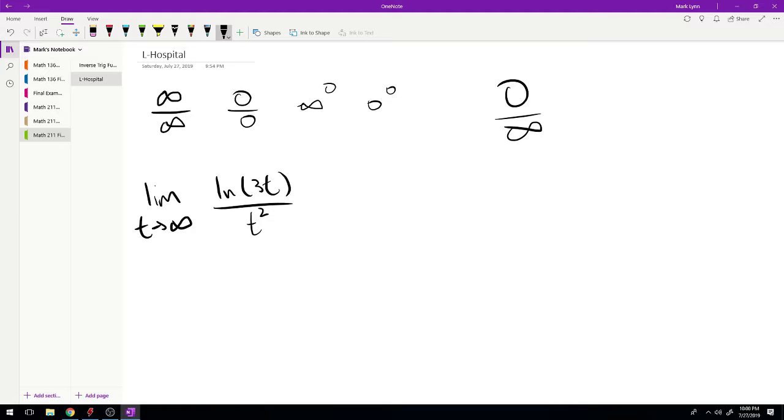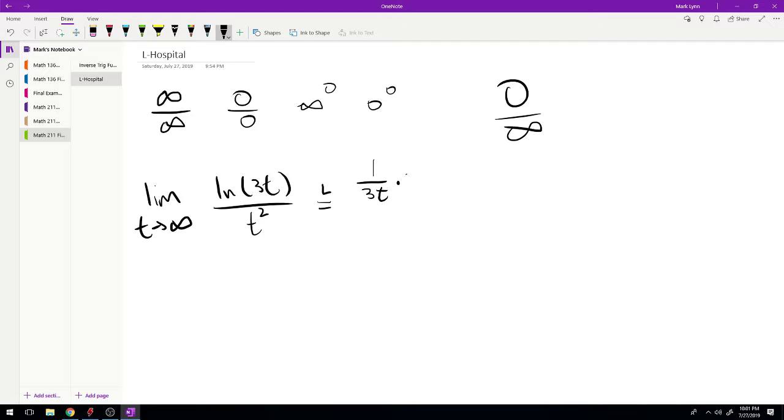And remember, for L'Hopital's rule, we're just going to take the derivative of the top divided by the derivative of the bottom. I'll put an L here by my equal sign just to indicate that we're using L'Hopital's rule between these two steps. So the derivative of the natural log of 3t would be 1 over 3t. And then don't forget chain rule, multiply by the derivative of the inside function, which is 3t.